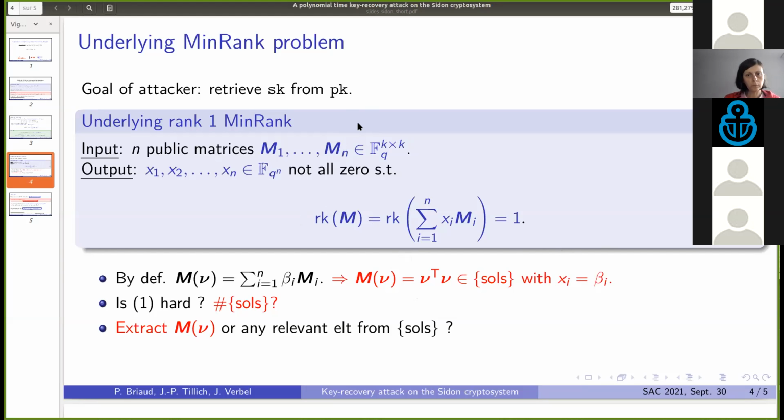So first, how many solutions are there? Is it difficult to recover them? Another source of hardness comes from the fact that even if this instance is easy to solve, it's actually hard to extract the secret matrix M_NU or any other relevant matrix to perform a key recovery.